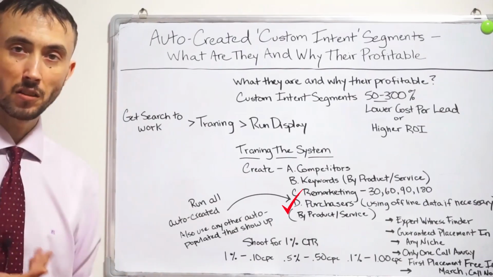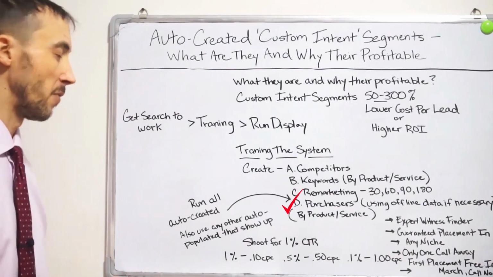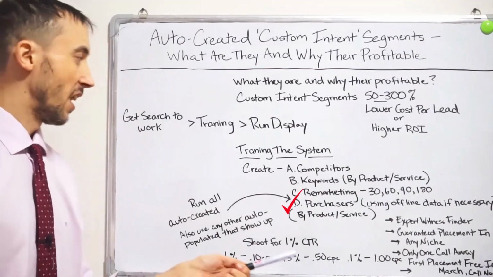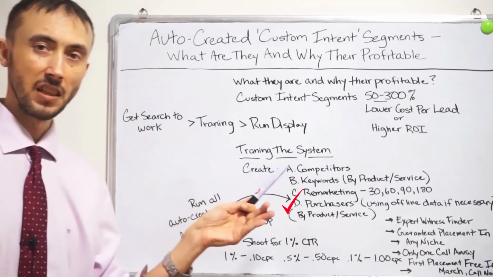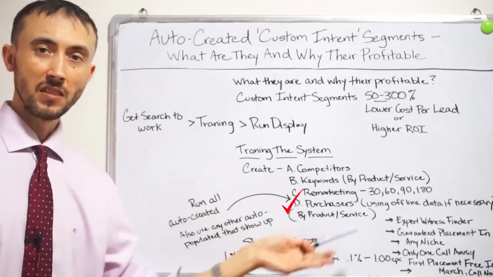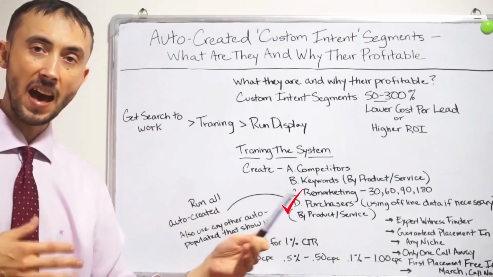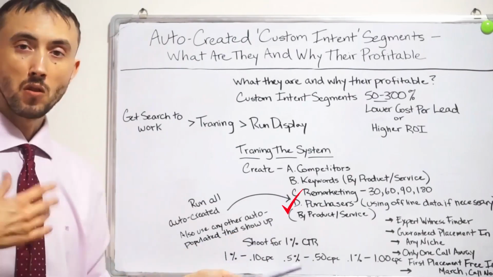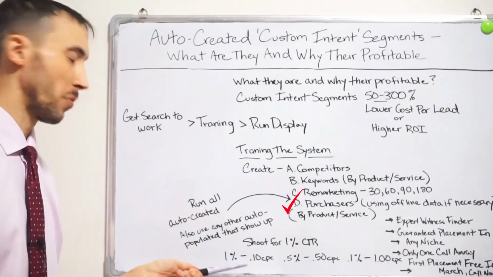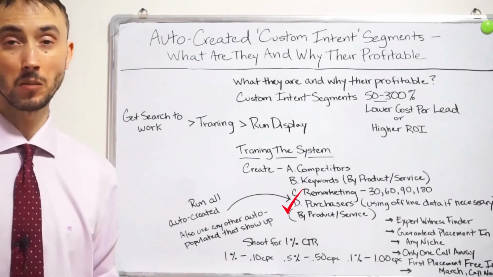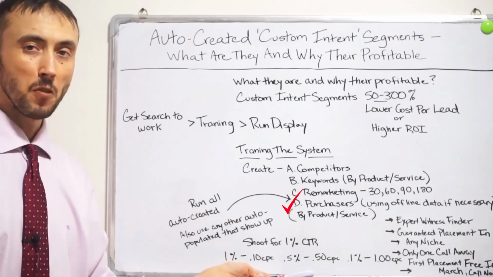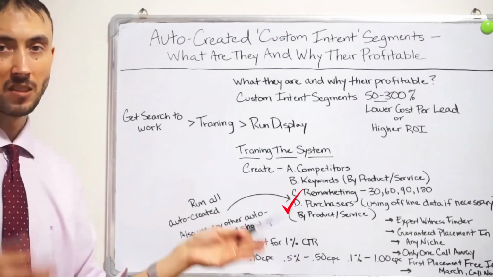If you get a 1% click-through rate, which is what you should be gunning for, if you know you have a good ad and it's targeted halfway decently, you are shooting for an ad that'll get you a 1% click-through rate, because that'll get you a 10 cent cost per click. Whereas if you get a 0.5% click-through rate, you get 50 cents a click.